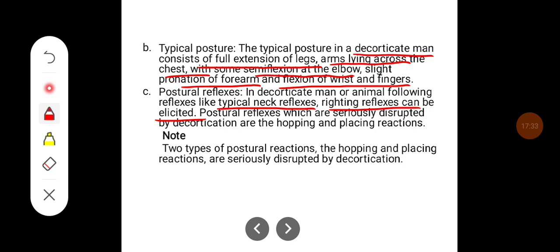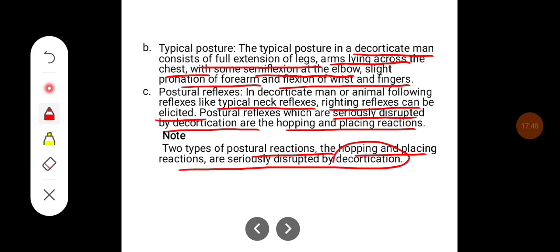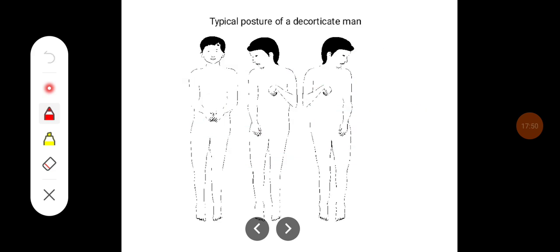Postural reflexes which are seriously disrupted by decortication are the hopping and placing reactions. So this is the typical posture in the decorticate, and you can see when the head is turned to one side, the tonic neck reflex in a decorticated man.